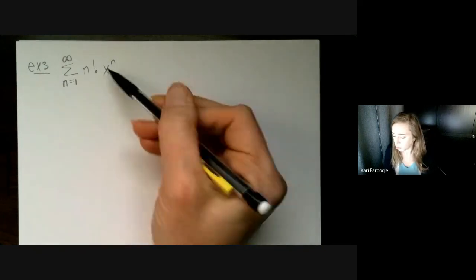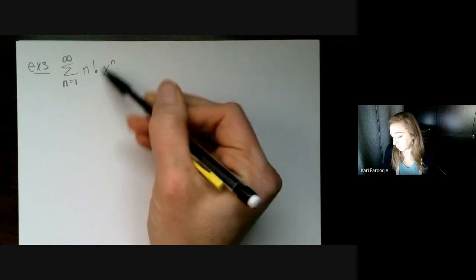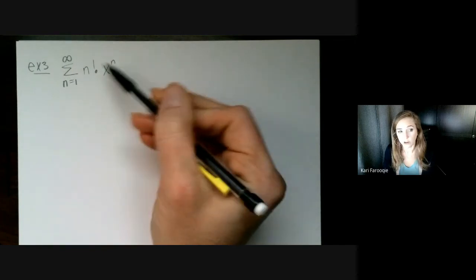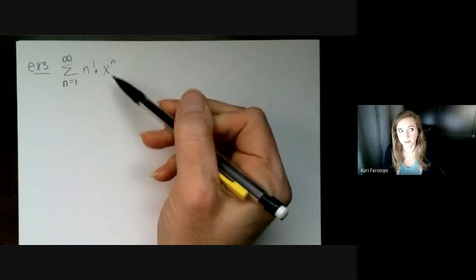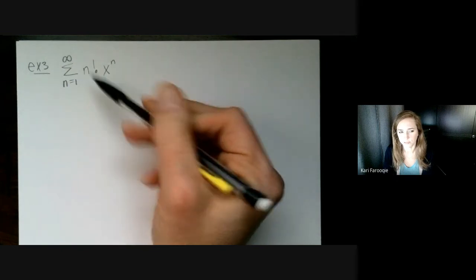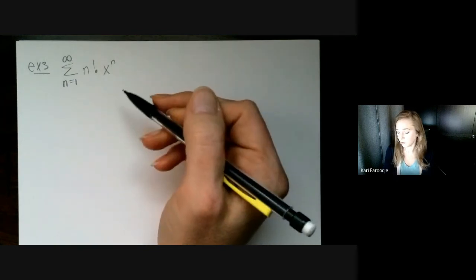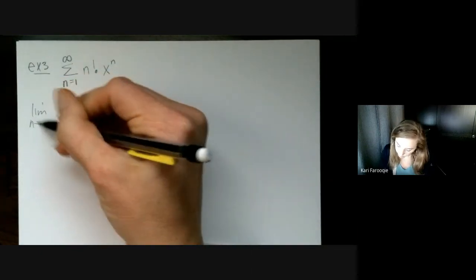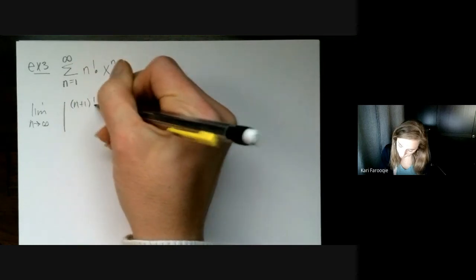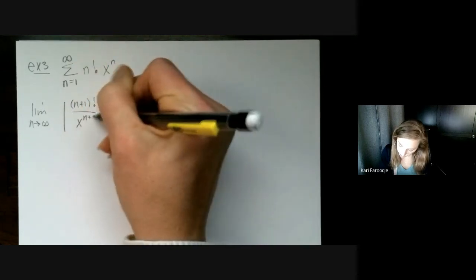We're going to have to show that maybe there's some value of x that will cause this to converge. Maybe there's not some value of x that will cause this to converge. Hopefully you're making some conclusions right now on your own. We're going to do this by using the ratio test. I'm going to take n plus 1 factorial times x to the n plus 1.